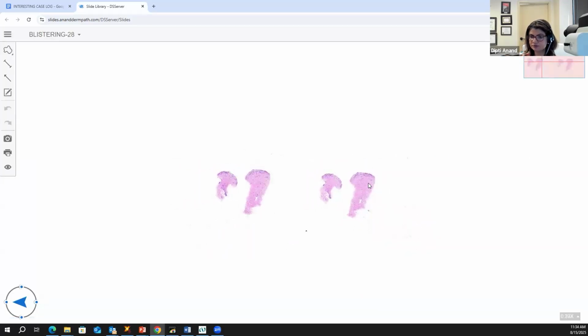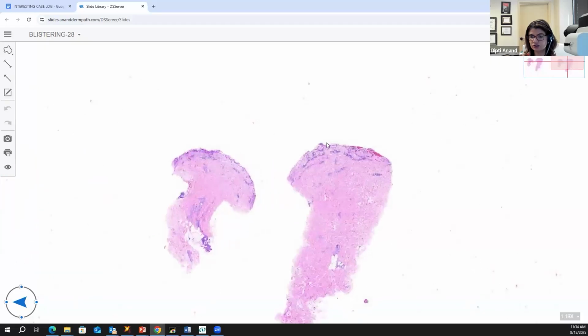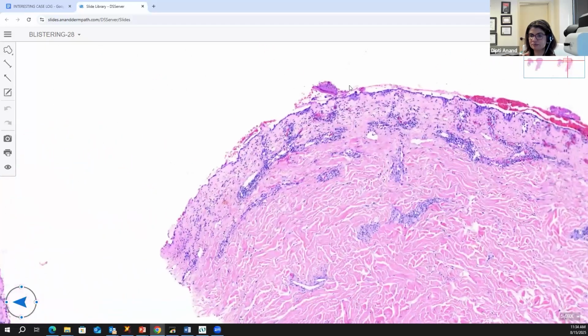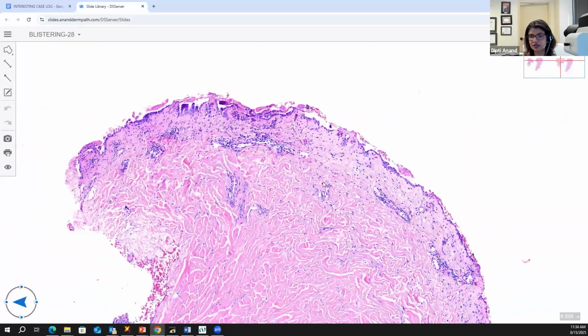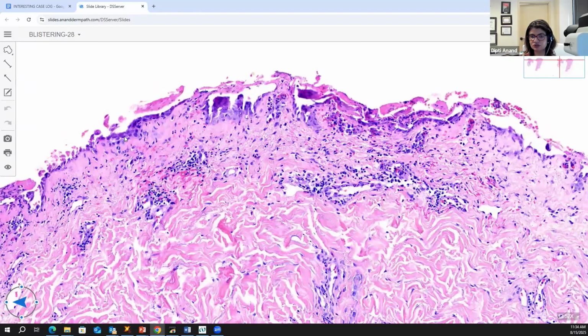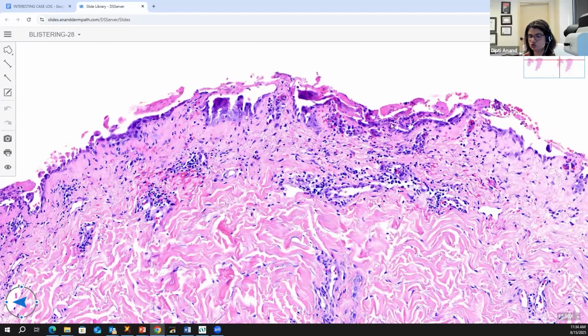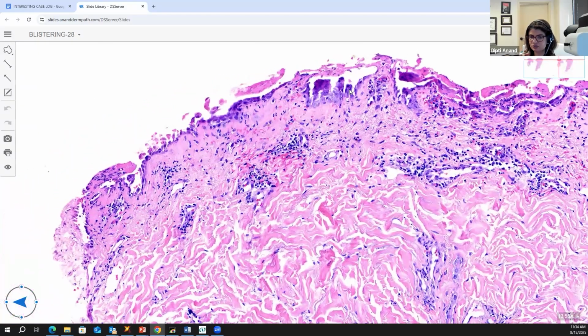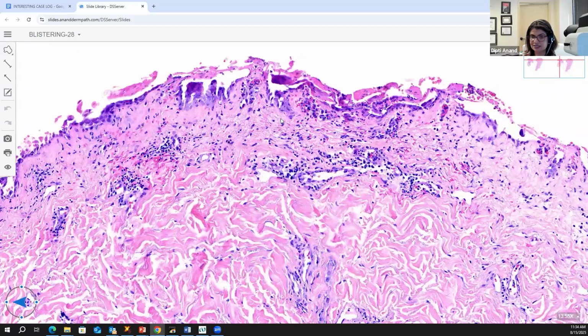This is another example. And you can see that here the epidermis is completely denuded. In very subtle areas, you're able to see that the intact epidermis again shows suprabasilar acantholysis with the tombstoning. So that's pemphigus vulgaris again. This is the scenario in most cases of pemphigus vulgaris: most of the epidermis will be missing.